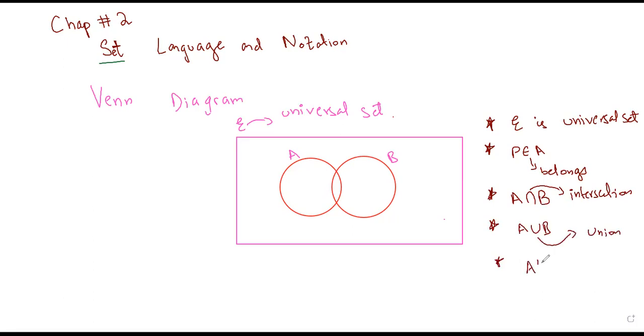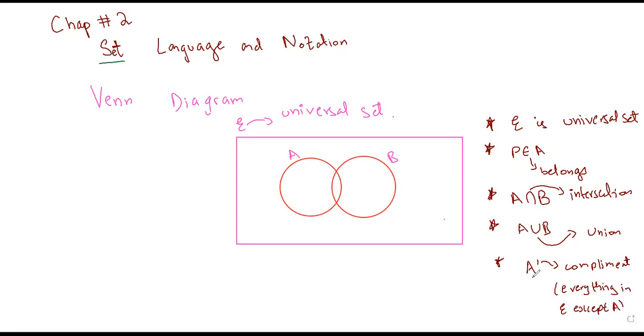This means complement, and what it basically means is everything in the universal set except A. Are you familiar with complements?